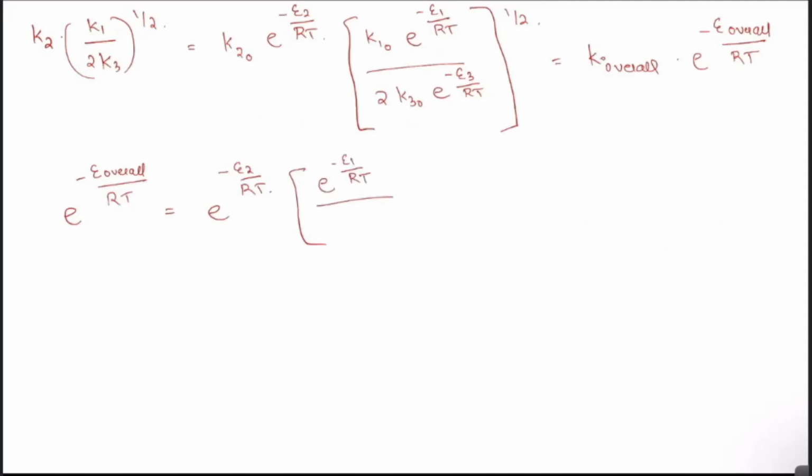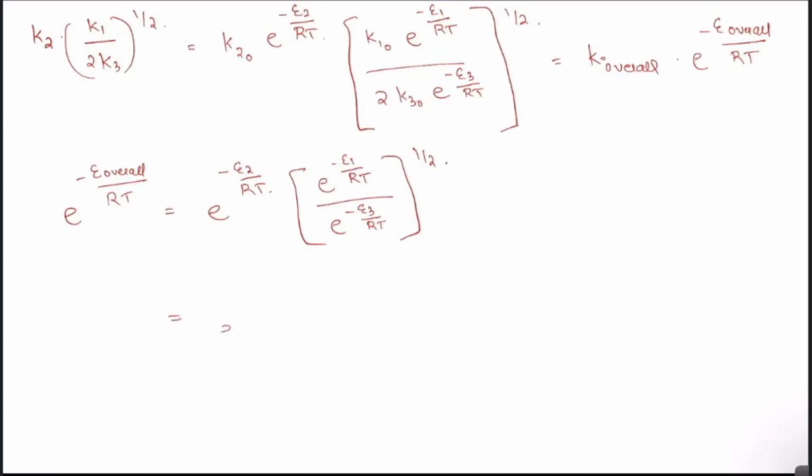So we can rewrite this, just in terms of the exponential terms, as e raised to minus E overall by RT is equal to (e raised to minus E2 by RT into e raised to minus E1 by RT by e raised to minus E3 by RT) the whole raised to 1 by 2.